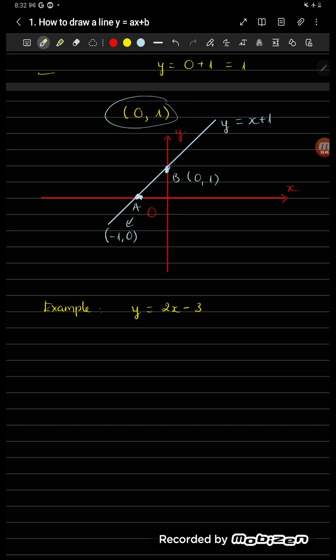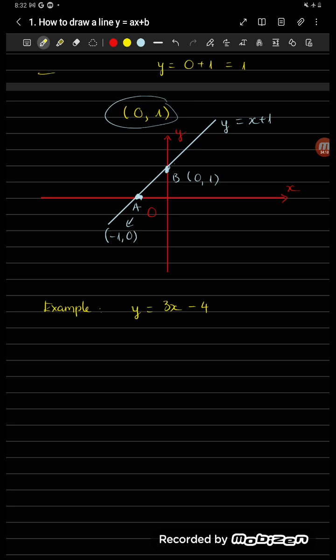Or, let's say something even worse, like y equal to 3x subtract 4. Let's say you have this equation. In this equation, if you give x equal to 0, you can see 3 times 0 is 0, so y equal to -4.